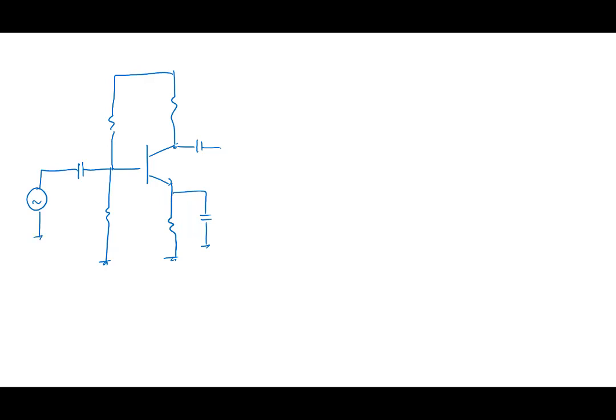Same diagram, I'm going to focus on this node here, VCC. This node here was 3 volt, this one was 1 volt. So I'm going to draw this line here.